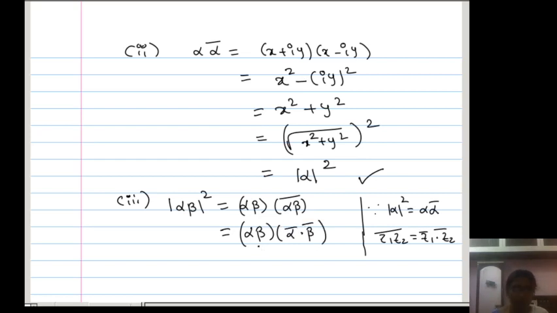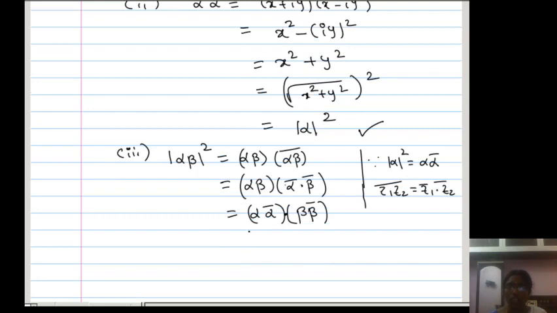Now the multiplication: you can also write alpha into alpha bar, beta into beta bar. Now tell me, what is alpha into alpha bar in this step? It is mod alpha square, and beta into beta bar is mod beta square, by the previous second property.